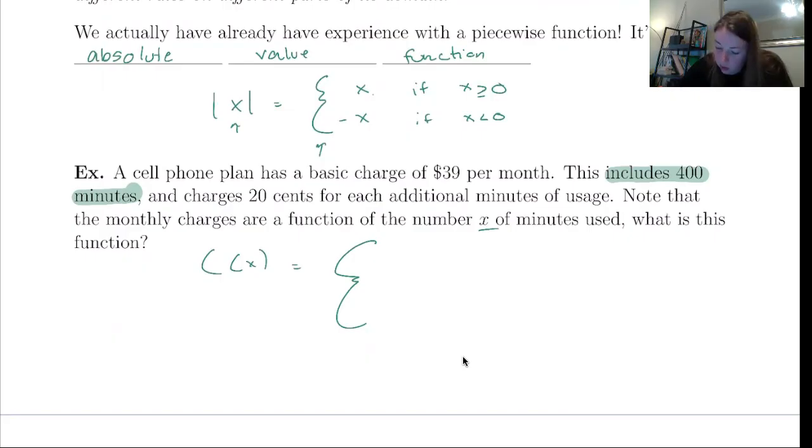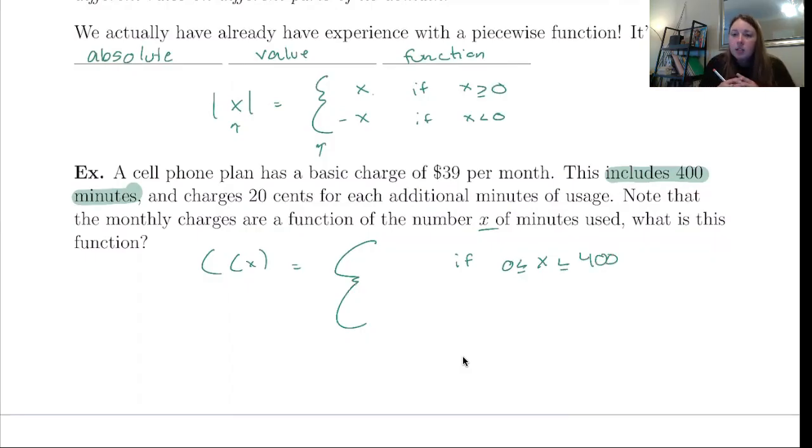Anyways, I'm charged $39 per month, and that includes 400 minutes, and x is the number of minutes. So if x is less than or equal to 400 minutes, so I stay in my allotted amount, let's also put a lower bound on x. I can't talk a negative amount of minutes. I can't talk backwards and get back minutes. So let's do from 0 to 400.